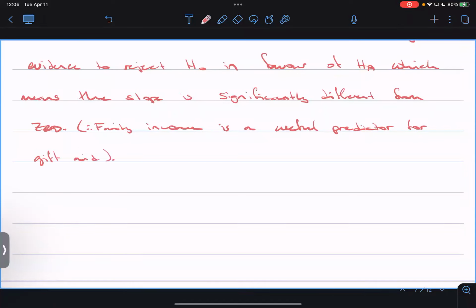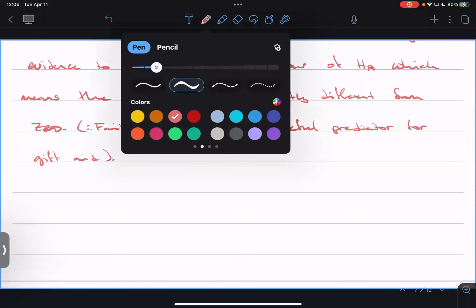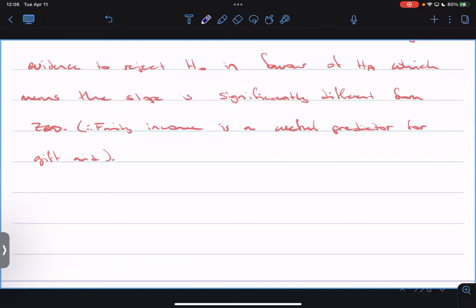Right, it helps us in predicting the gift aid. Good. Doing it, guys. We're doing it.